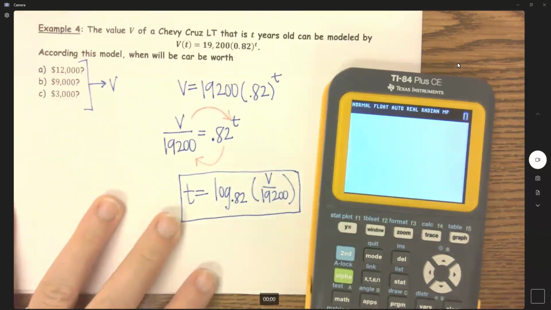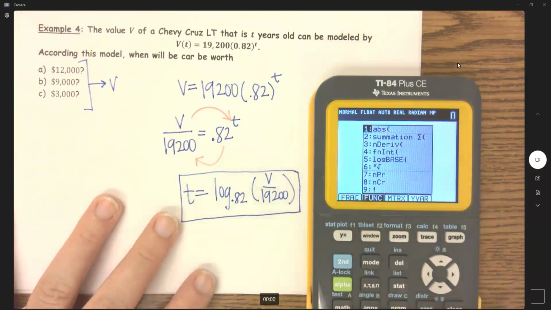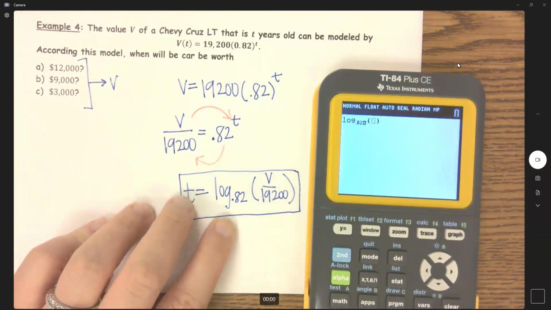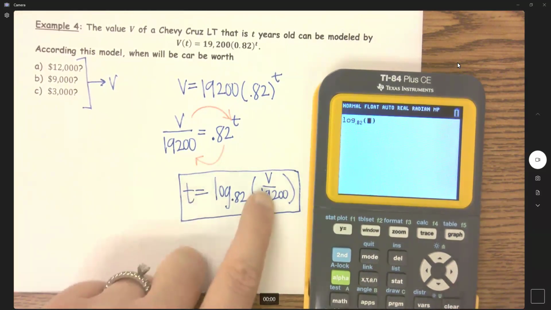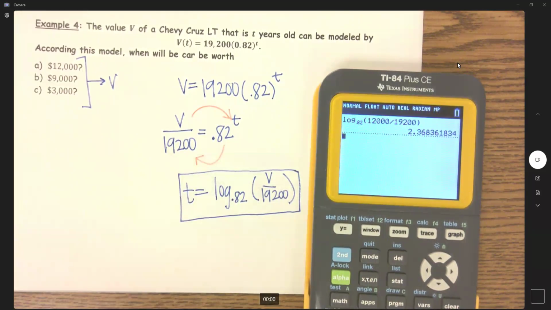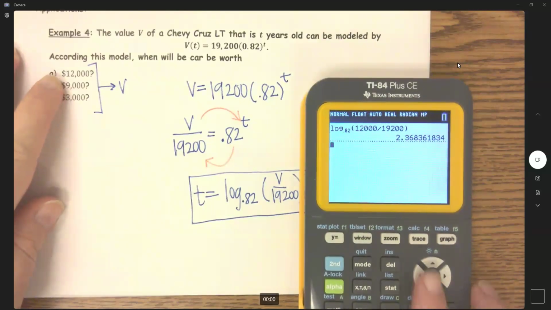But if you have your 84, we're going to go alpha window, number 5, 0.82. My V, if we start with A, is 12,000 divided by 19,200. And after about 2.4 years, the car will be worth 12,000.